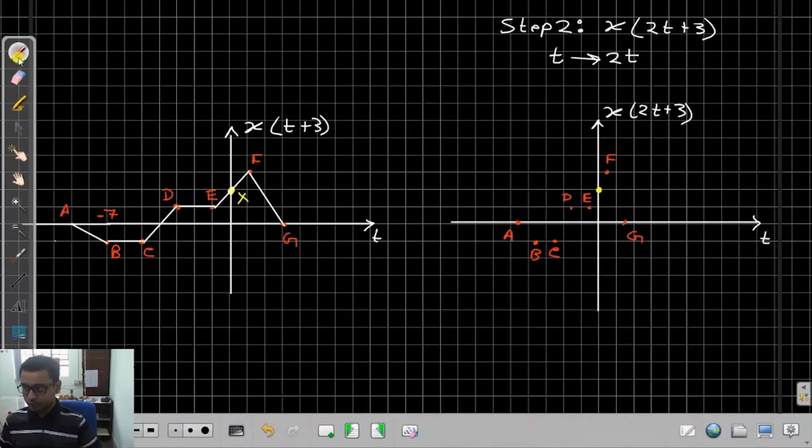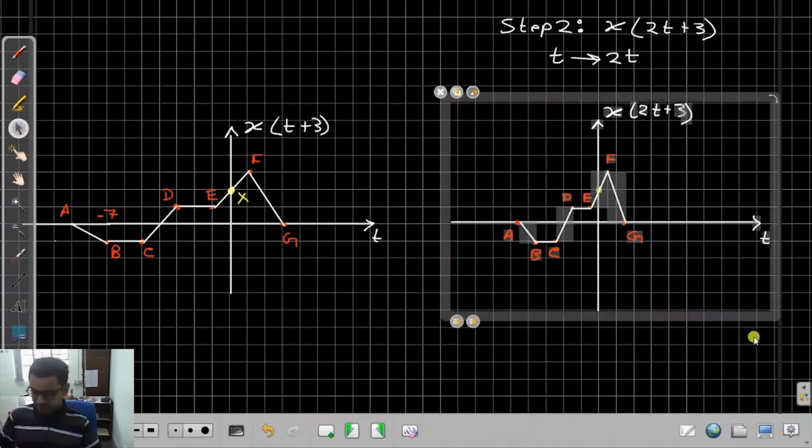Let me now join these points. And this is how this curve will look. Our step 2 is complete. Now let's move to step 3.